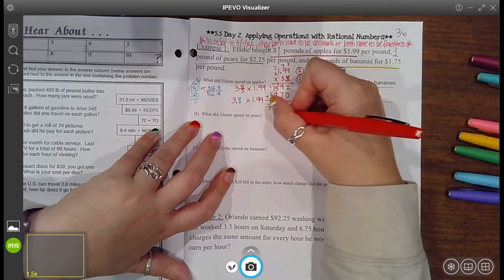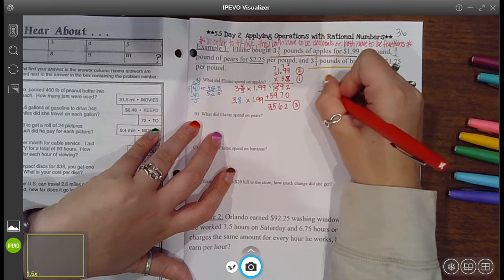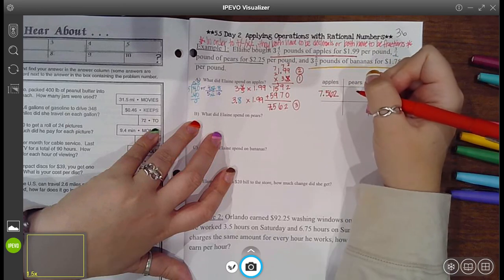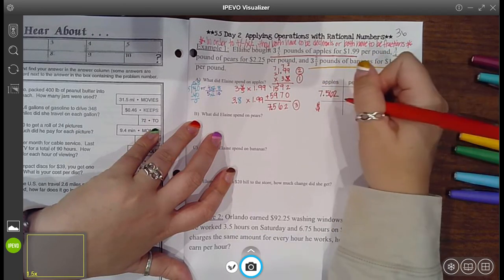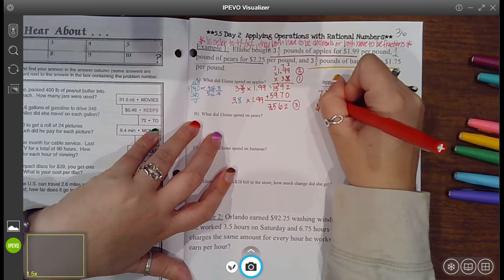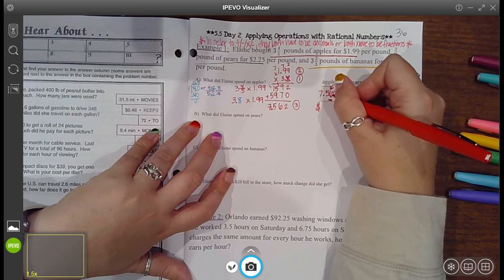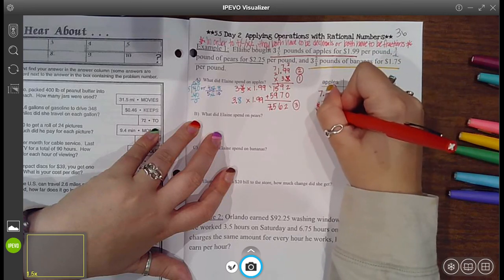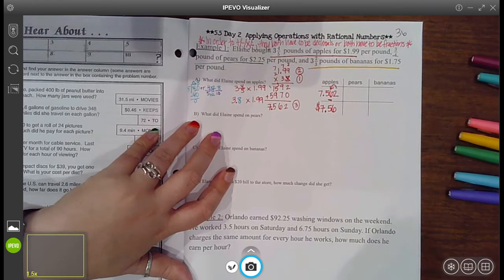So 1, 2, 3 places over means that it was 7.562 for apples. I want it in terms of money, and we don't do money with 3 places. We go out to the hundredths place. So the 2 tells this 6 to stay a 6. So it's $7.56 that I spent on apples.